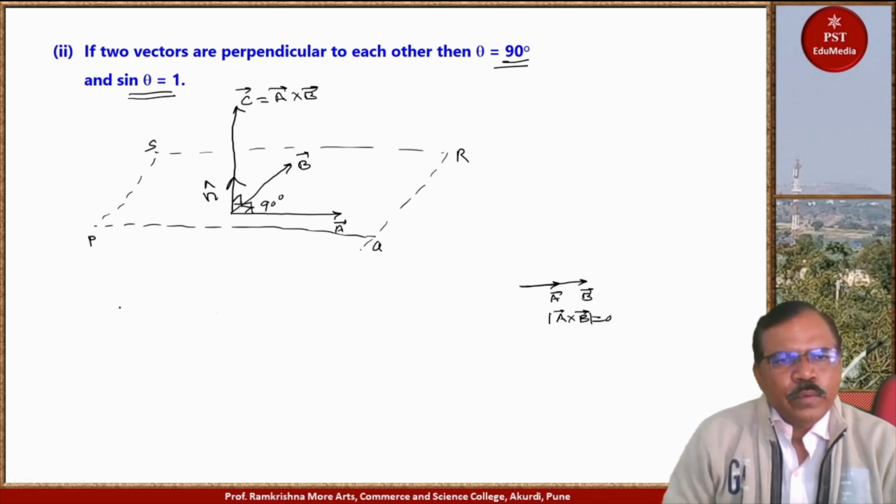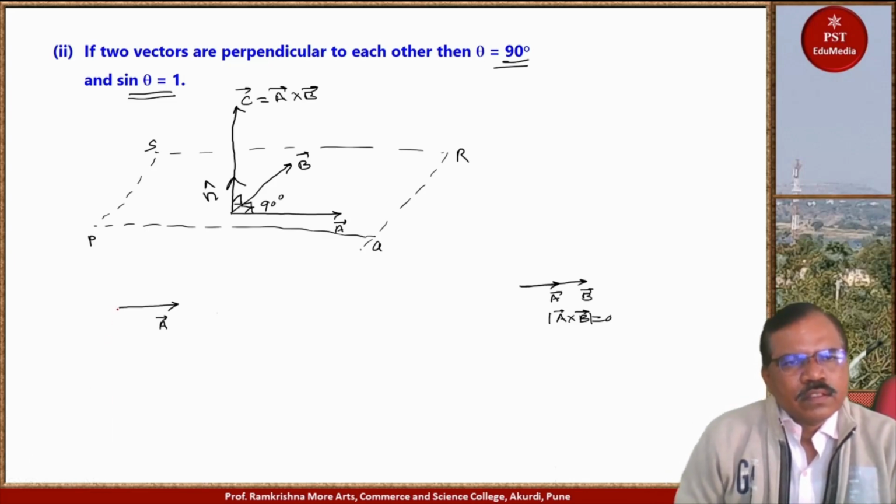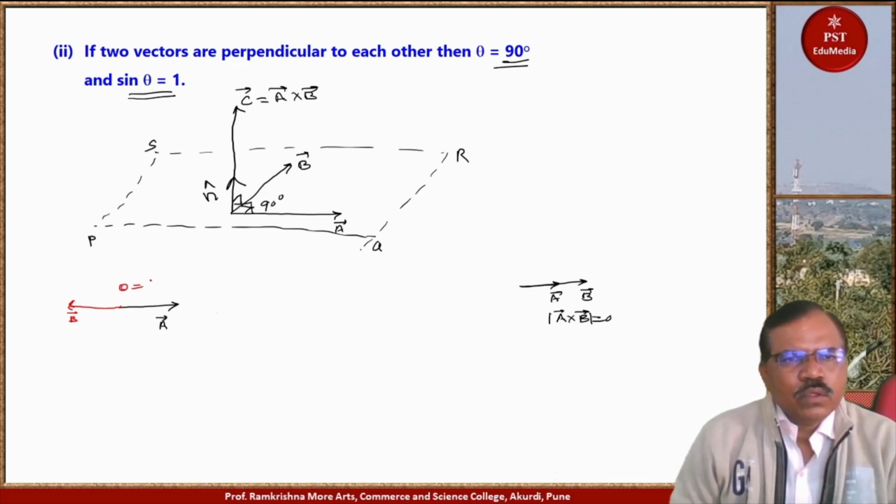So here vector A and vector B are anti-parallel. Theta is equal to 180 degree. Now magnitude of A cross B is equal to 0 here.